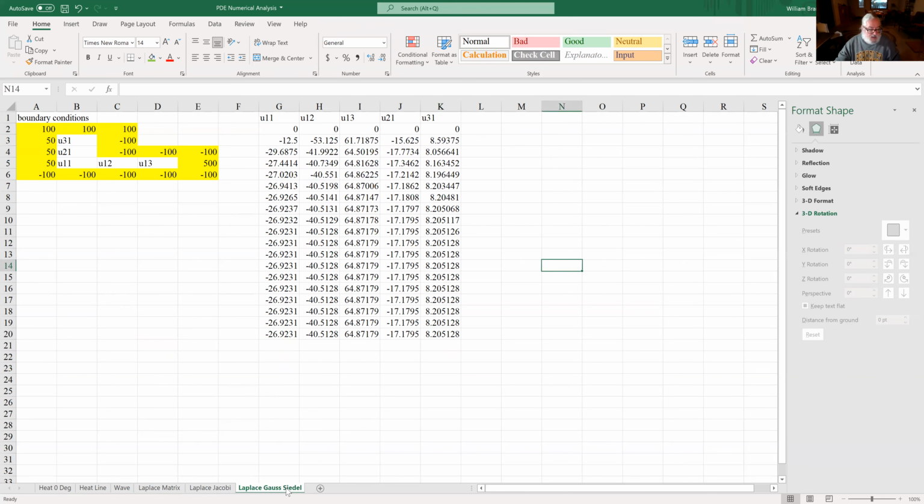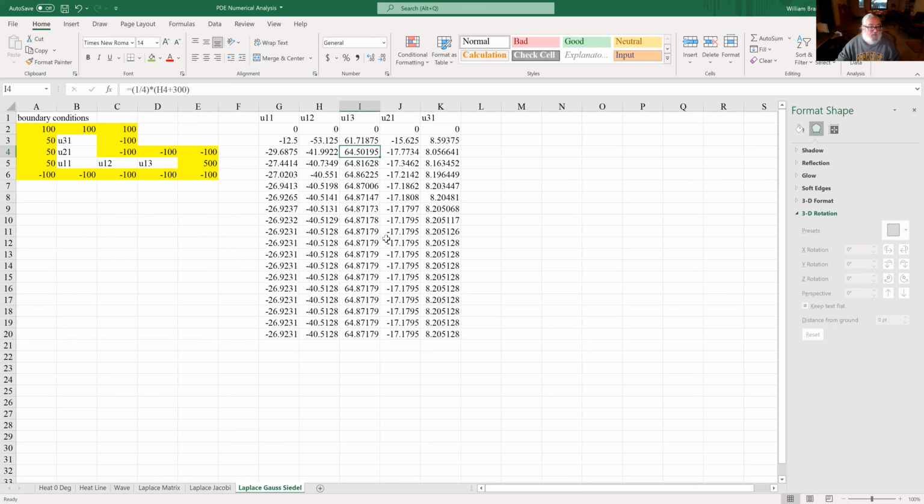And the Laplace Gauss-Seidel, if you look at this one, for example, U12 depends on U11 and U13. So we use our updated value of U11 as well as U13 to get its value. When we go to look at U13, we use the updated value of U12 to get the value there.